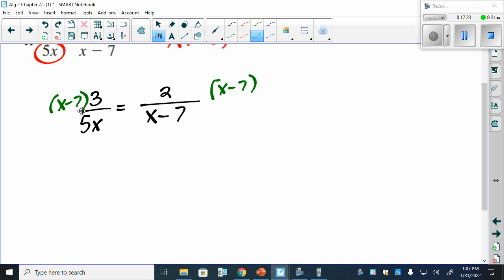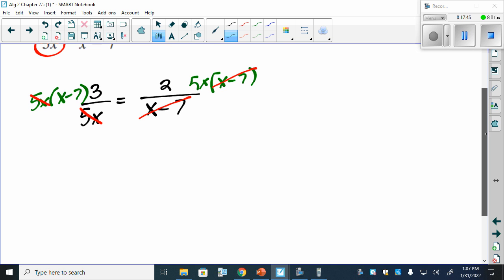Anything else? 5x. Because if we multiply both sides by 5x times x minus 7, well, on the left-hand side, the 5x and 5x would cancel. On the right-hand side, the x minus 7 and x minus 7 would cancel.